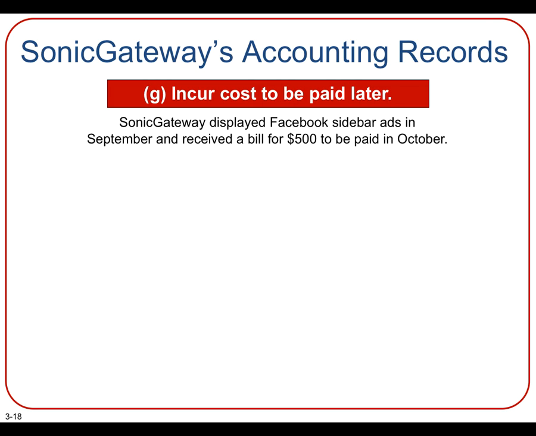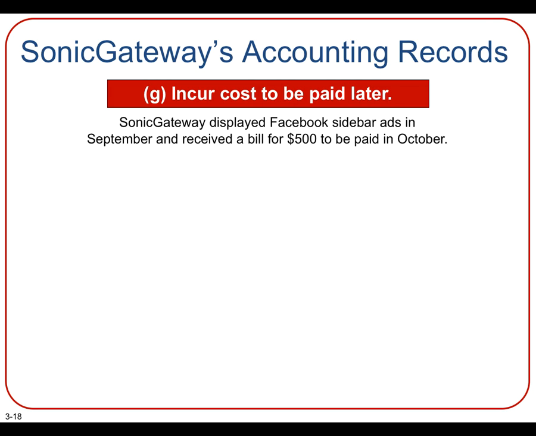In other words, you already used the Facebook sidebar ads in September. You got a bill, but you don't have to pay until October. The expense is already incurred because they already displayed the ads. You already used up the advertising, you just don't have to pay for it until October.